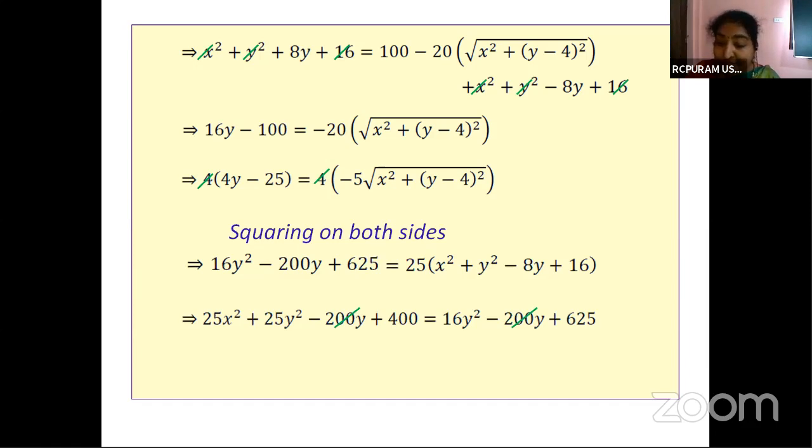Try to get all the terms to one side now. 25x square minus, you don't have any x square terms. So 25x square you will get as it is. 25y square minus 16y square is 9y square, and 400 minus 625 is nothing but minus 225. So this 225 I'm getting to this side, so that I'll have a form 25x square plus 9y square is equal to 225.